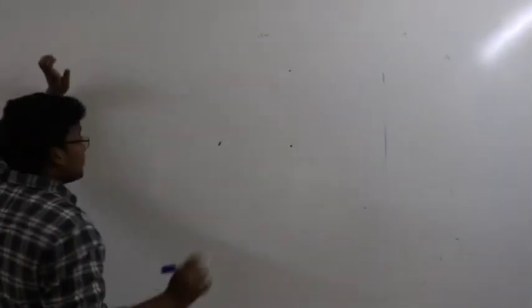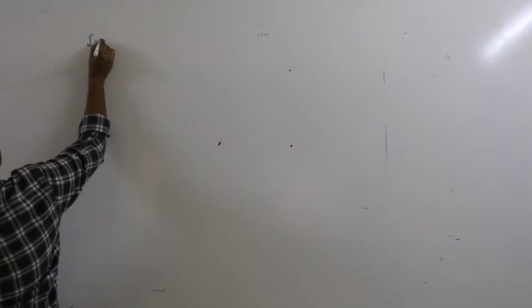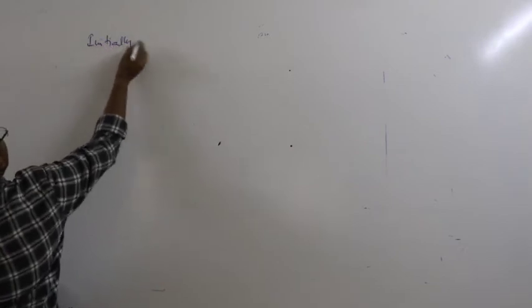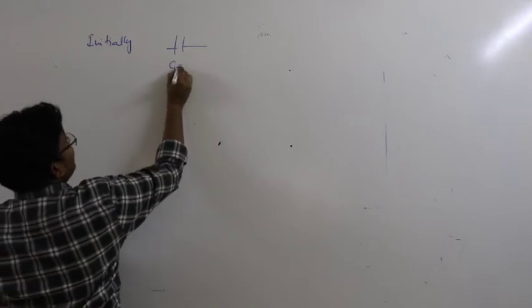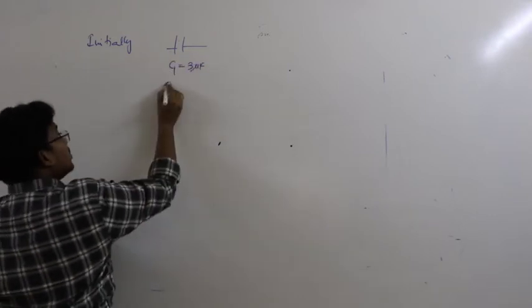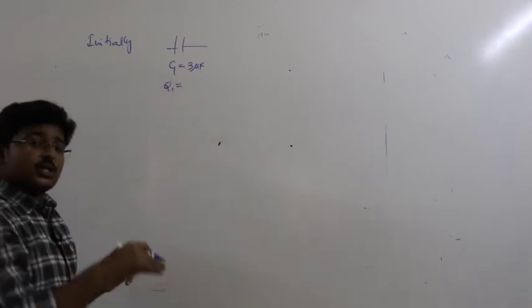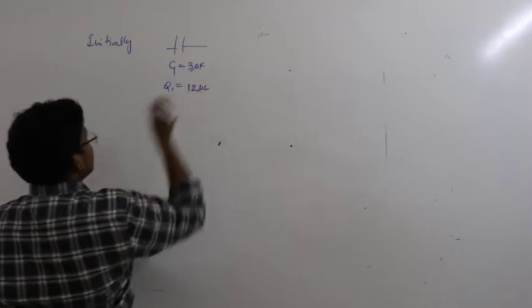Okay, here there are two capacitors, already they are charged. Initially, this capacitance is C1, which is 3 microfarad, and it already has a charge of, you can say, 12 microcoulombs.